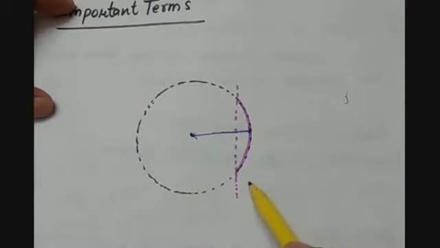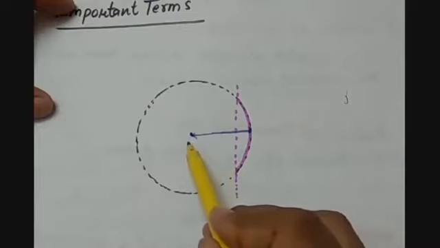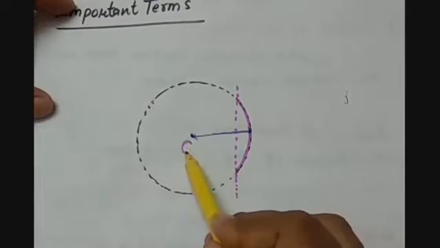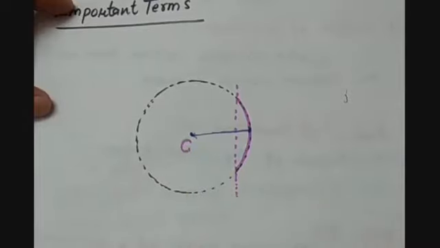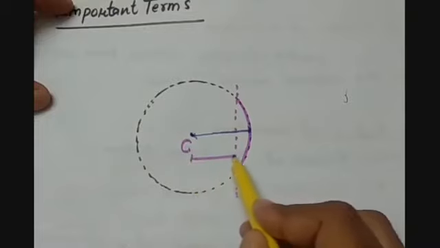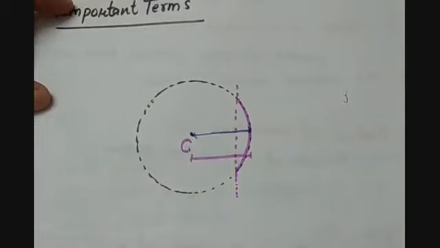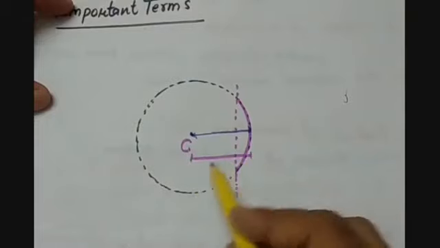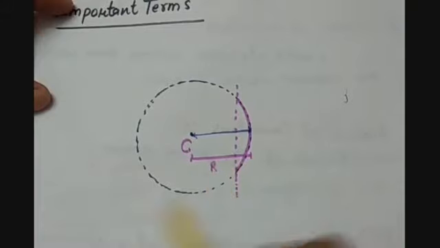A curvature. So this is called center of curvature, denoted by capital letter C. This radius of the hollow sphere is known as radius of curvature.